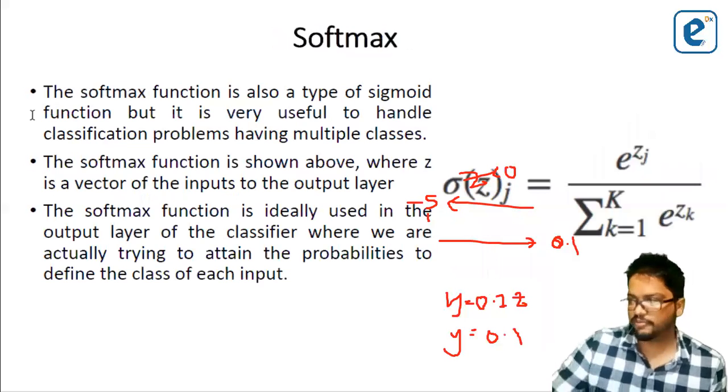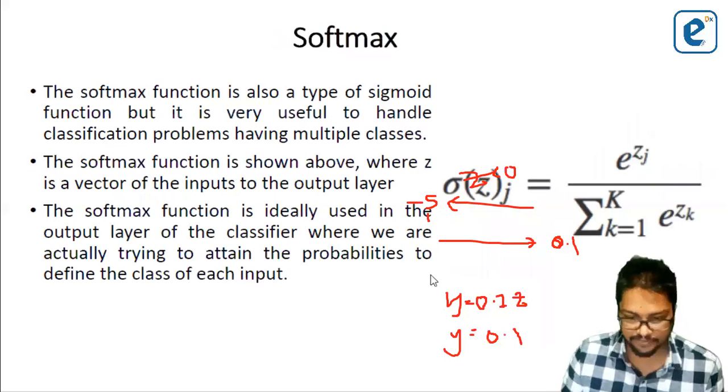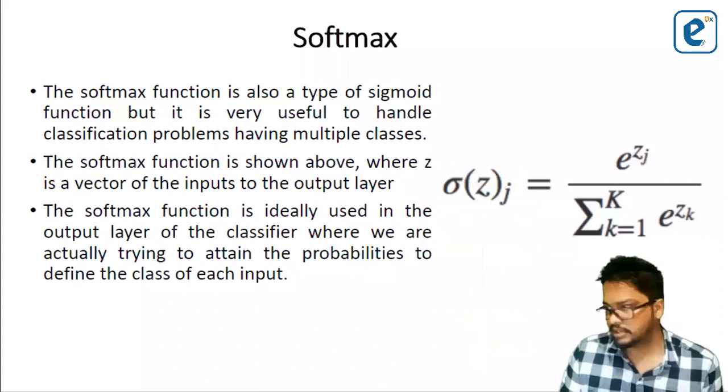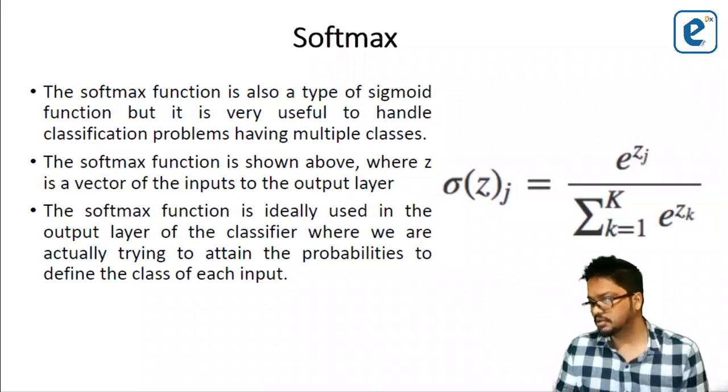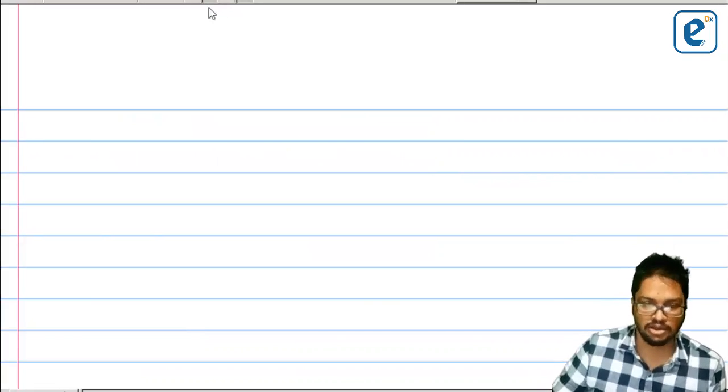Now, softmax is actually quite similar to the sigmoid activation function we discussed earlier. There's only one difference. Let's take the iris flower example.